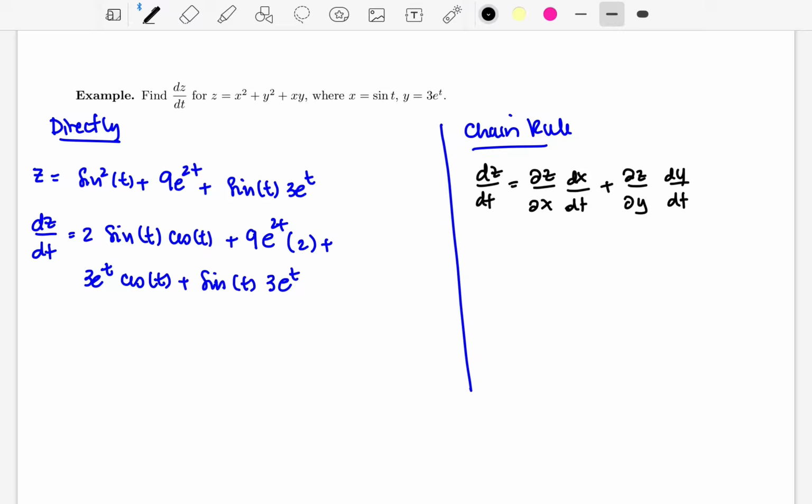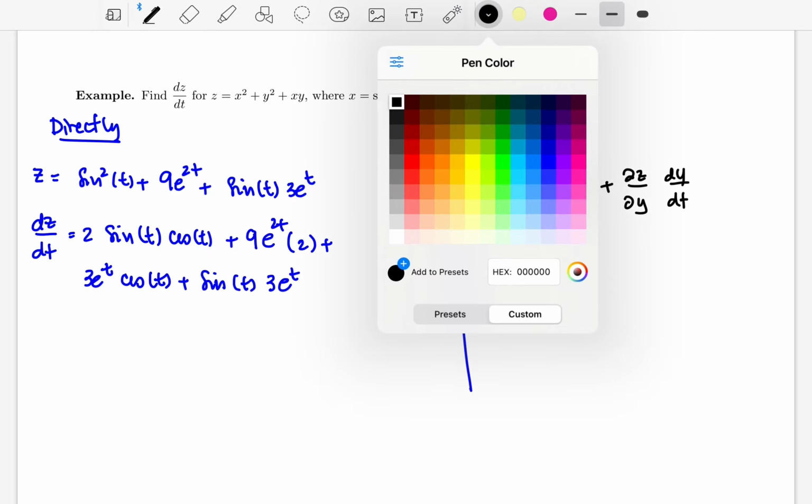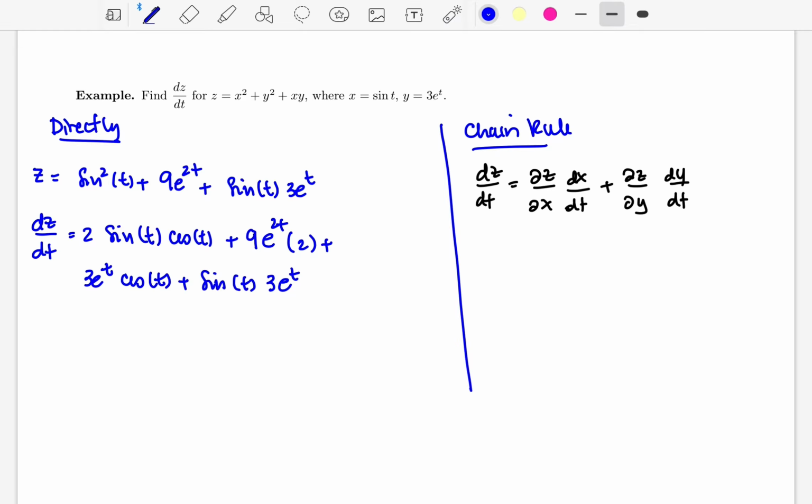So let's see. If I take the partial of z with respect to x, I take the derivative of this with respect to x, so I treat y as a constant. So dz/dx is equal to 2x plus y. If I take the derivative with respect to y, I get dz/dy.